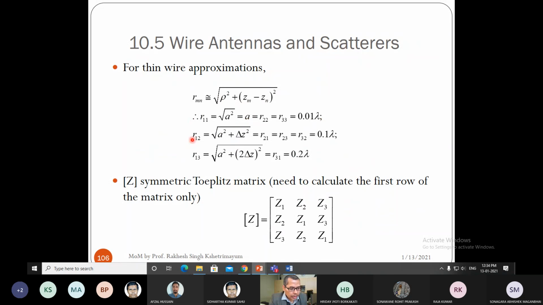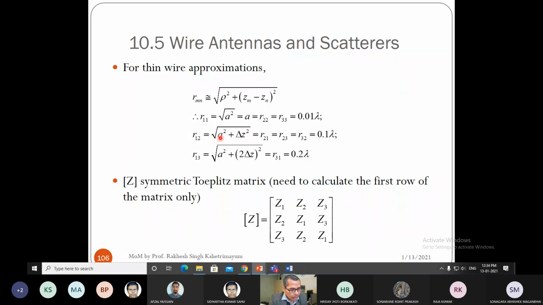In the R12 case, what is the distance between the source and observation along the z-axis? The distance would be delta z, from one segment to another segment. So you have the square root of a squared plus delta z squared. You know what a is, you know what delta z is. Delta z is 0.1 lambda. A is 0.01 lambda. You can find that it is approximately 0.1 lambda, because a is very small anyway.